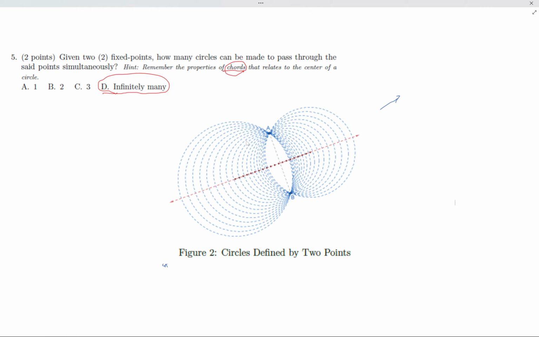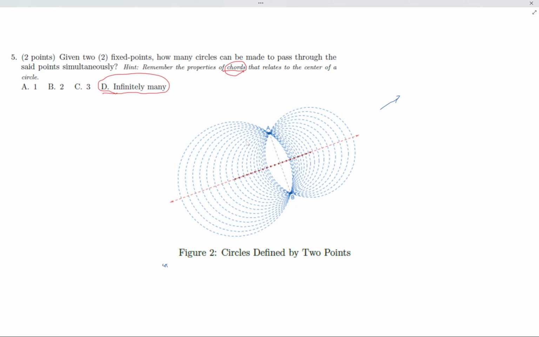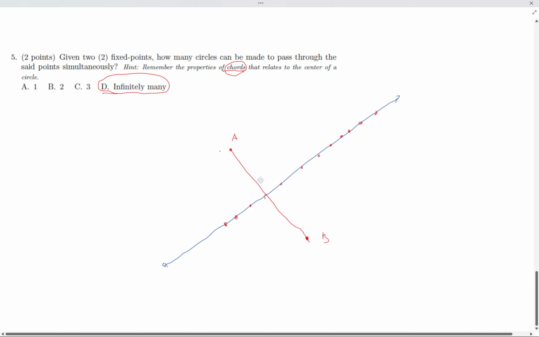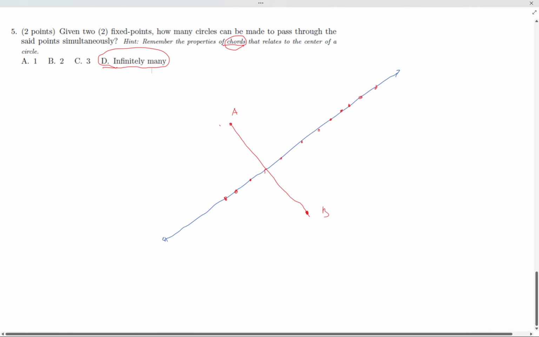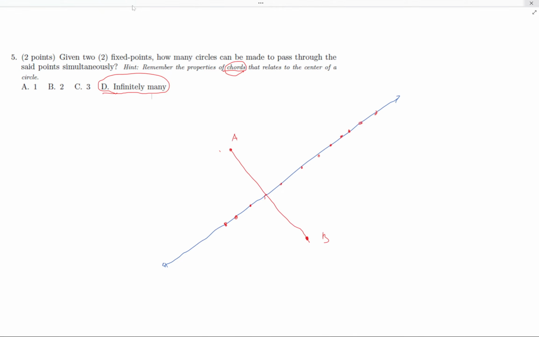The common property of them all is that their center must be located along the perpendicular bisector of the said chord, the line segment connecting A and B. So with that, let's have the answer letter D for question number 5.